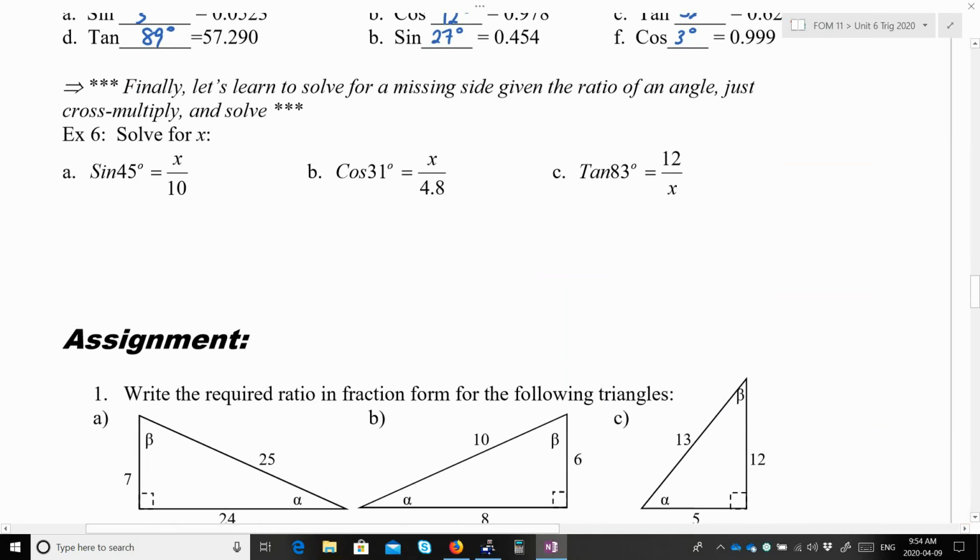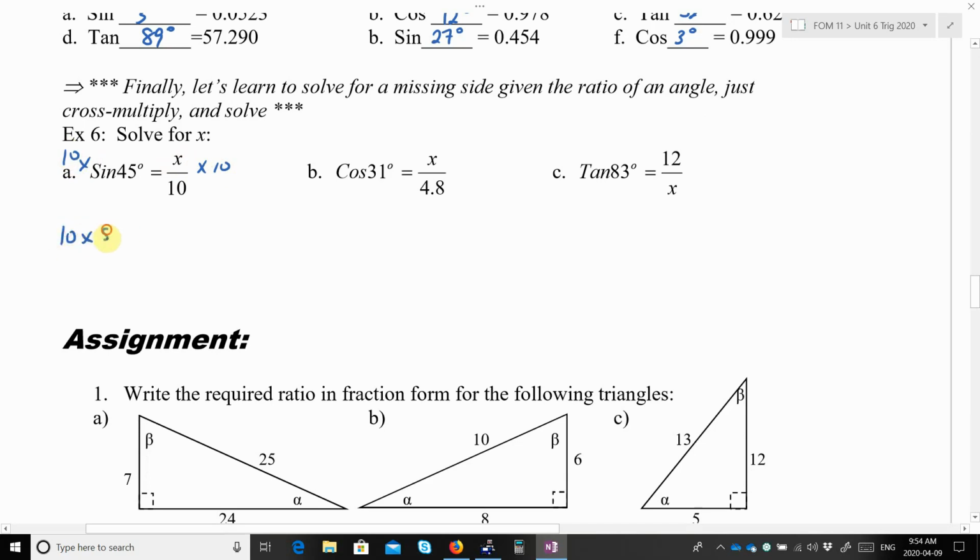All right, and finally, let's learn how to solve for a missing side given the ratio of an angle. Just cross multiply and solve. In example 6, we're going to solve for x. x is being divided by 10. x divided by 10 equals sine of 45. To get x by itself, multiply both sides by 10.